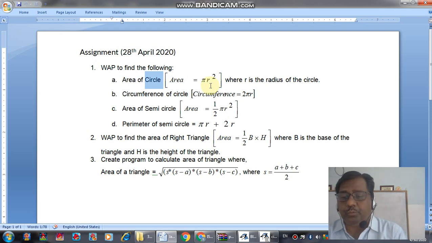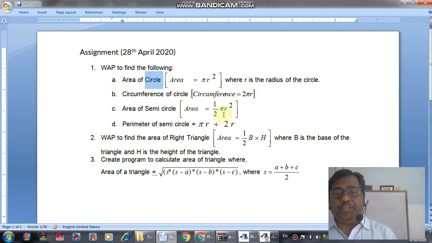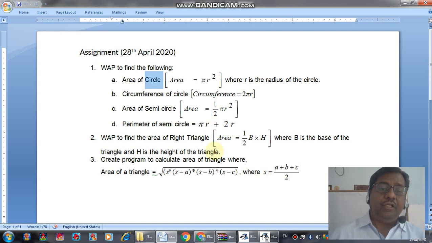So you are supposed to take the value of r. To find the circumference also you need the value of r. Pi is constant. The area of a semicircle is half of the area. You need r and pi. To find the perimeter of a semicircle, again you need the value of r, and the formula is there.